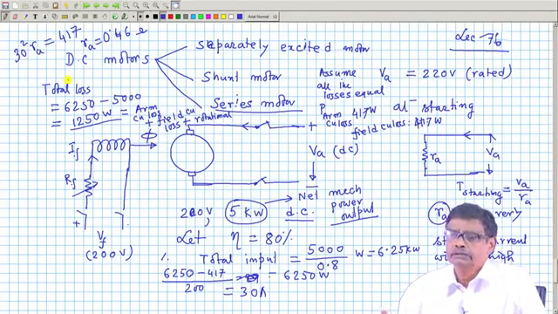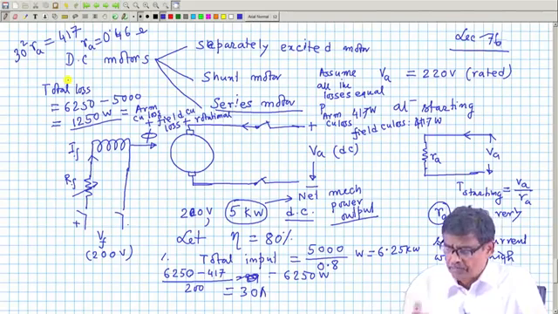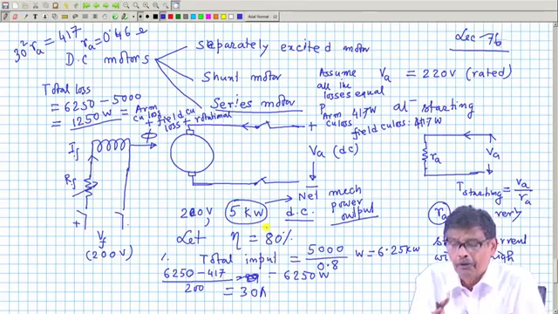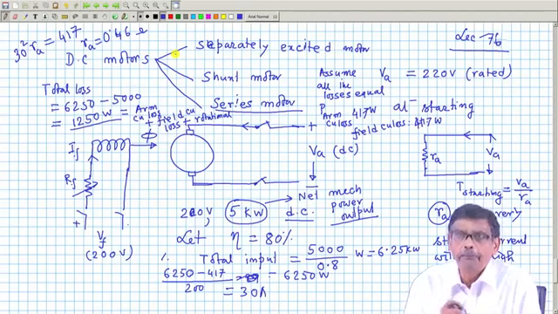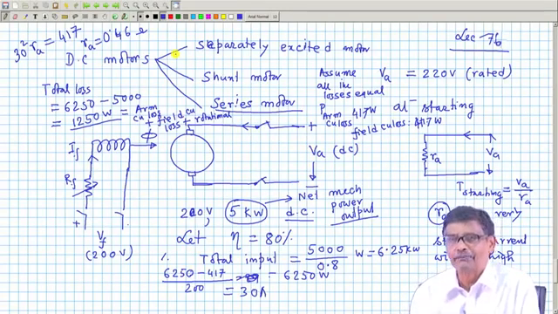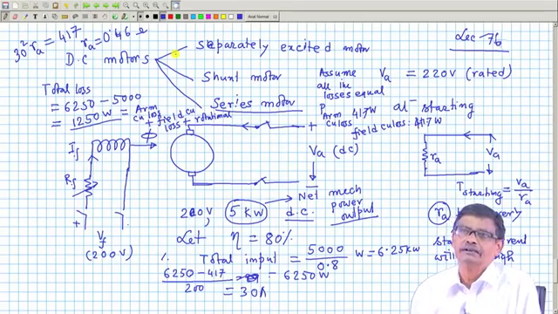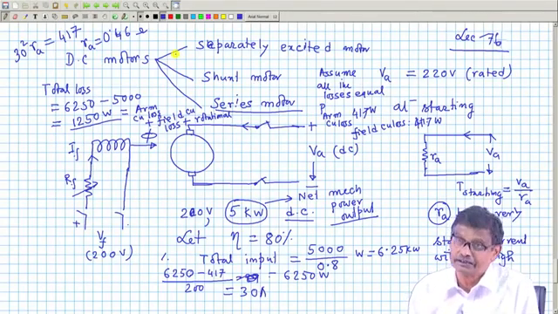The armature resistance of this machine is about 0.46 ohm. When you measure, it will not be exactly 0.46, it will be nearby, maybe 0.5 ohm, maybe 0.6 ohm. I do not care, but I have some idea of the order of the armature resistance, and that is important.